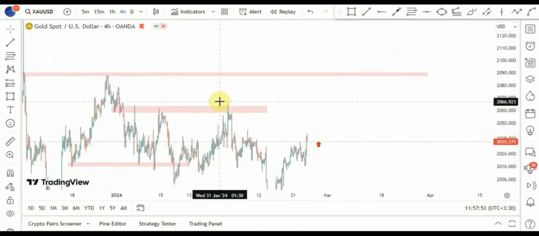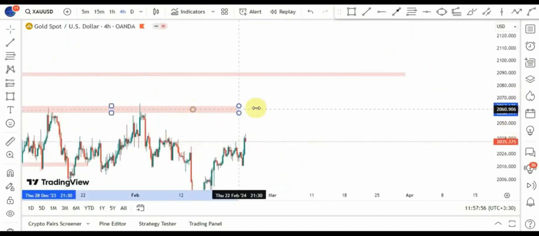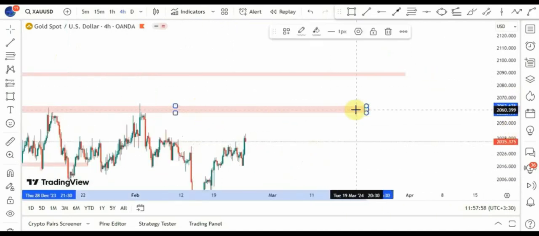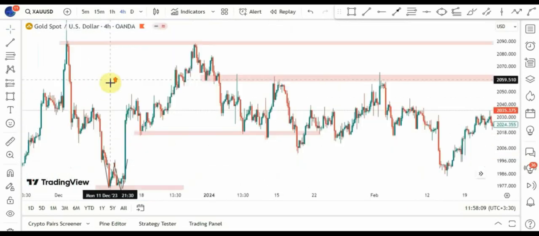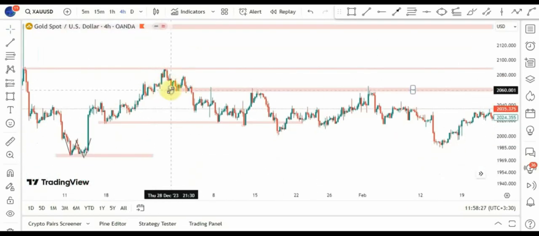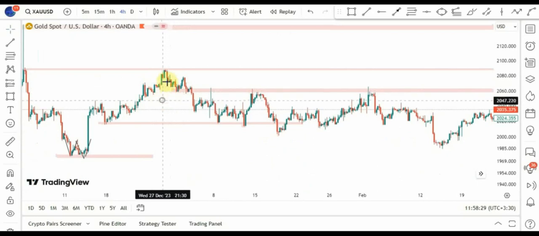What about this one, 2060? Well, let's go back and talk about it. Right here, when the price touched 2090 for the second time, the price came down.